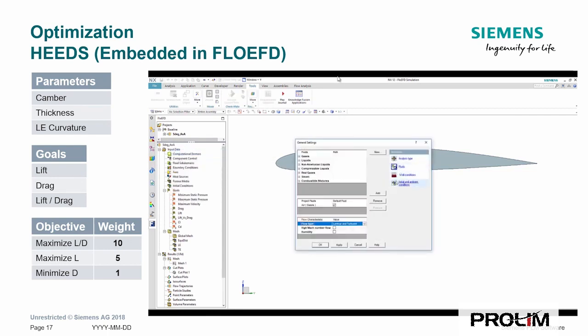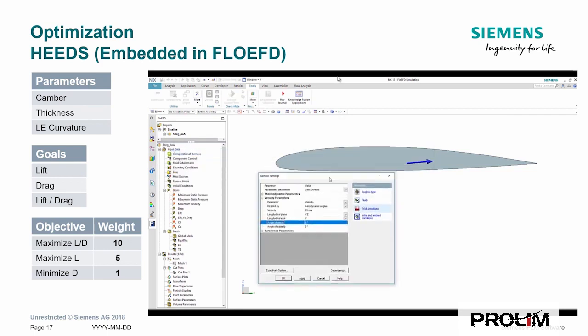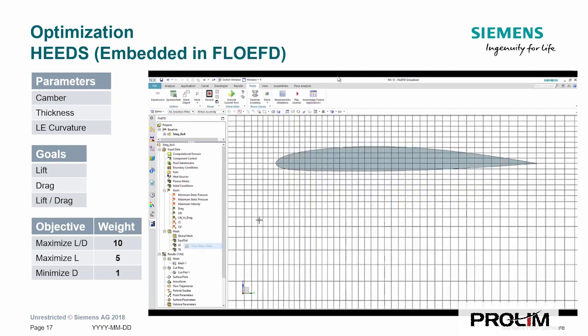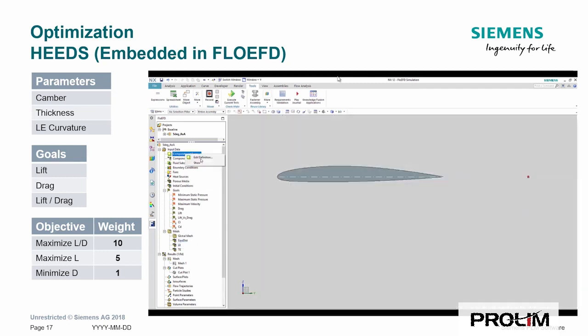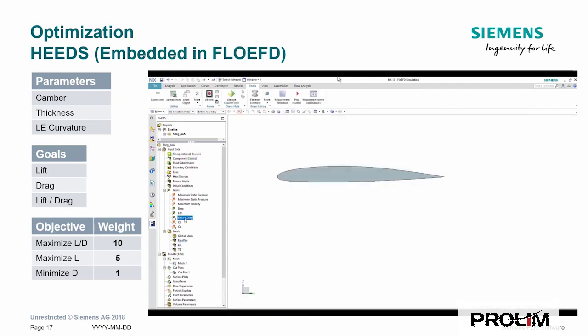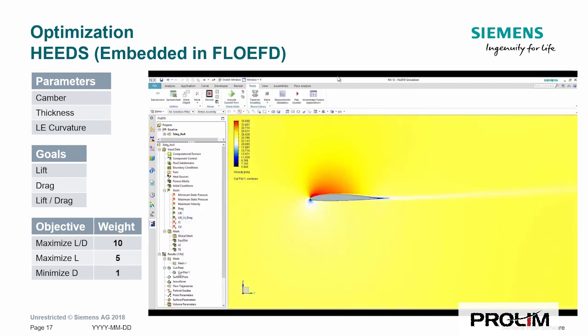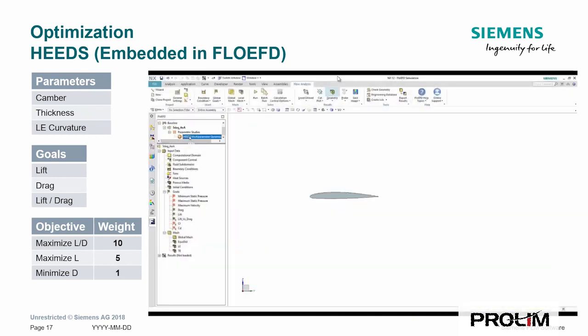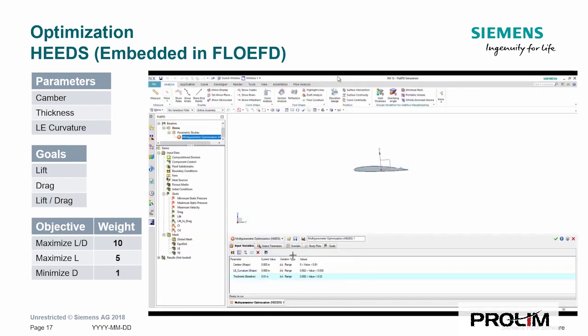So because the model is parameterized, we can set up an optimization study on finding the correct blade or airfoil shape that will provide sufficient lift while maintaining the right drag coefficient to prevent the rotational torque from being exceeded.